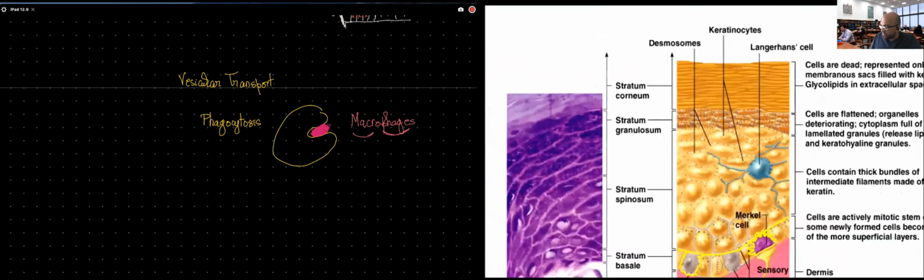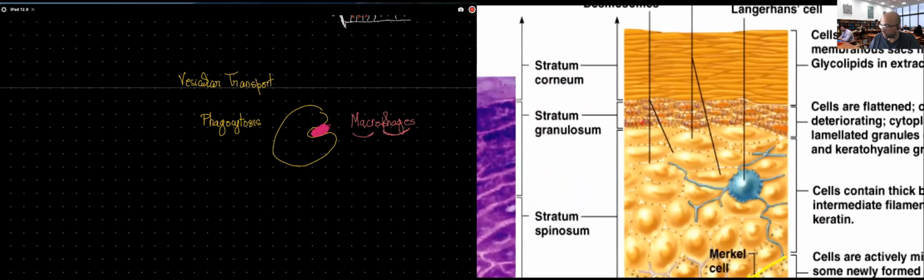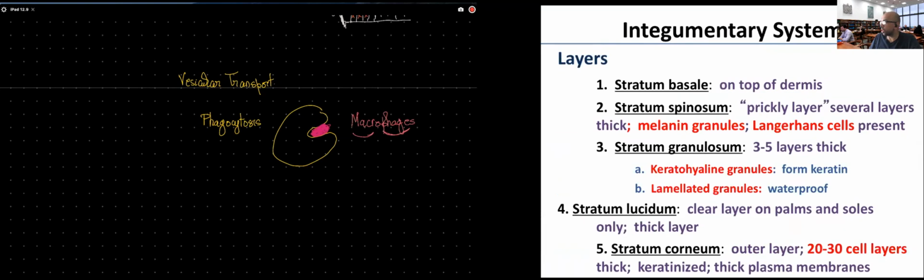Moving on top of the stratum spinosum, we have the stratum granulosum. And stratum granulosum, from its name, is formed of cells that contain cytoplasmic granules. We have two types of cytoplasmic granules within those cells: the keratohyaline granules and the lamellated granules.